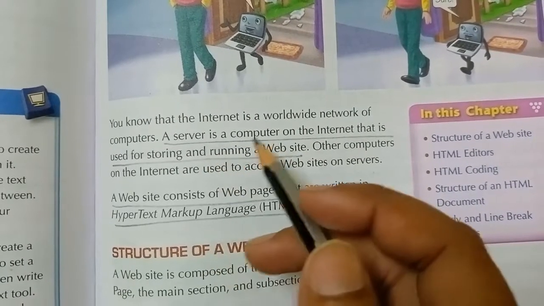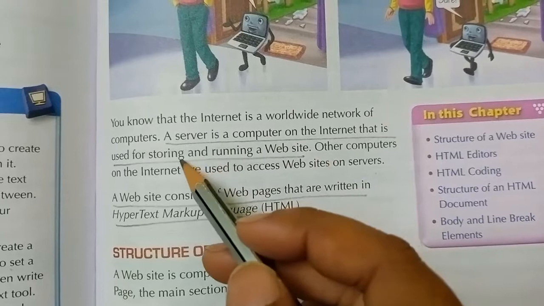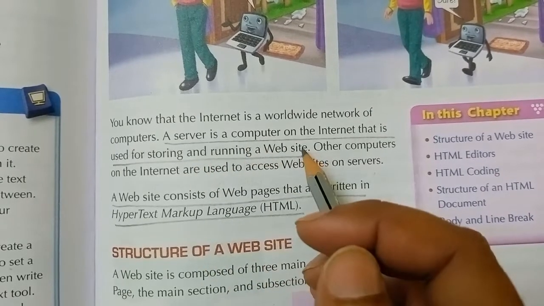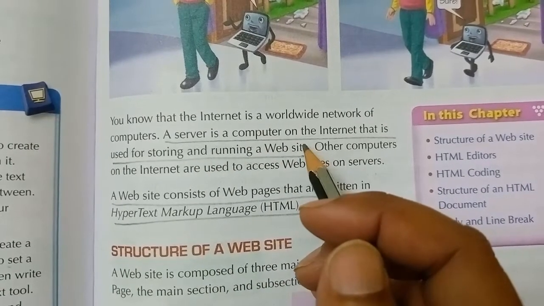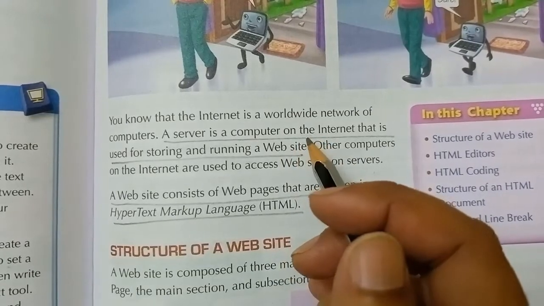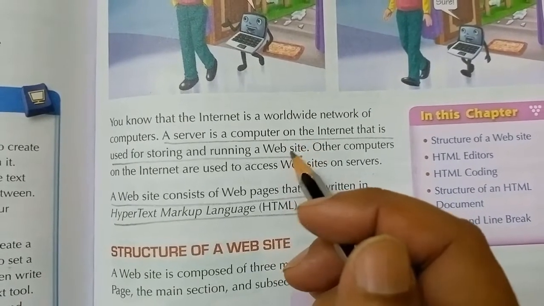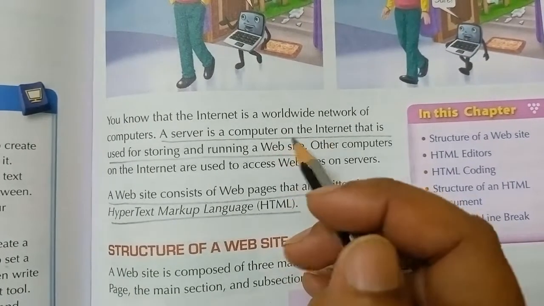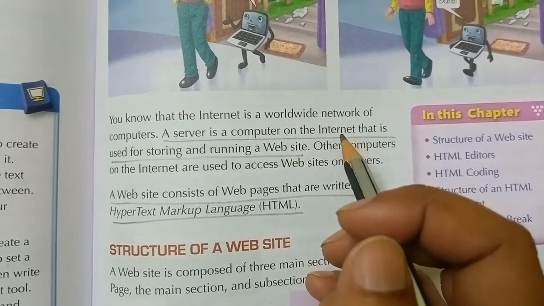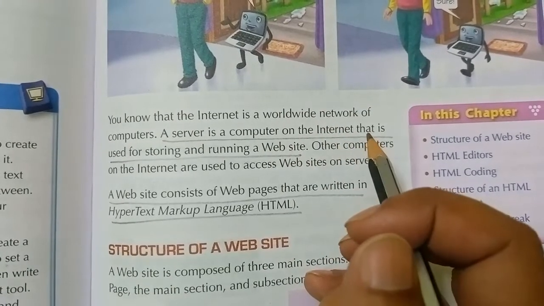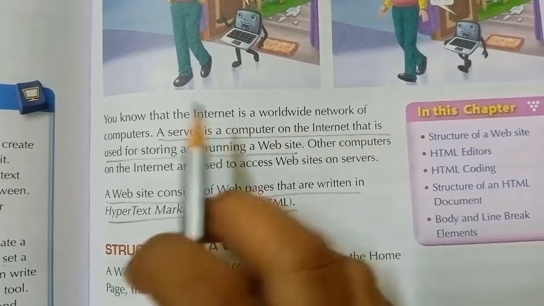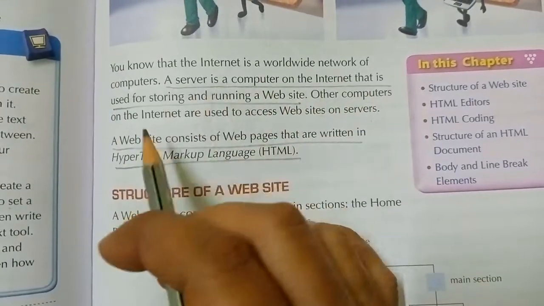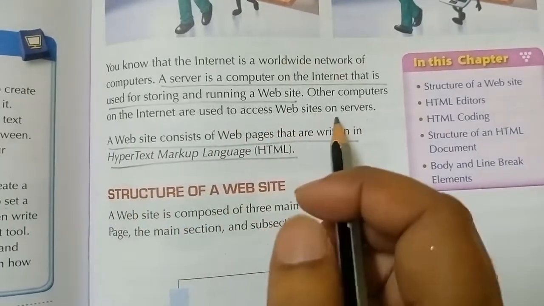Okay, and it runs many websites. So like Facebook has a big server. Google has a very big server. WhatsApp has a big server. Every big website has a big server, so that all the informations are stored securely, safely. Understood? So other computers on the internet are used to access websites on servers.